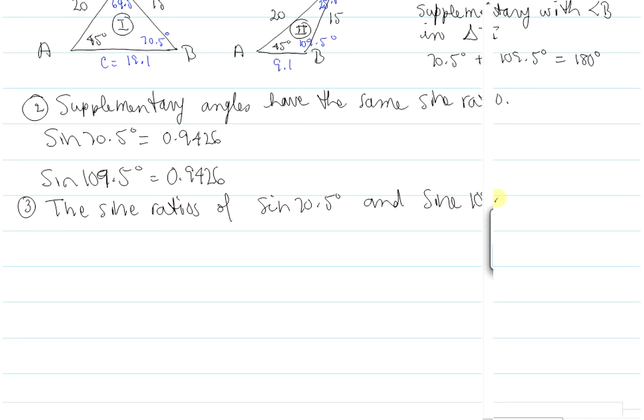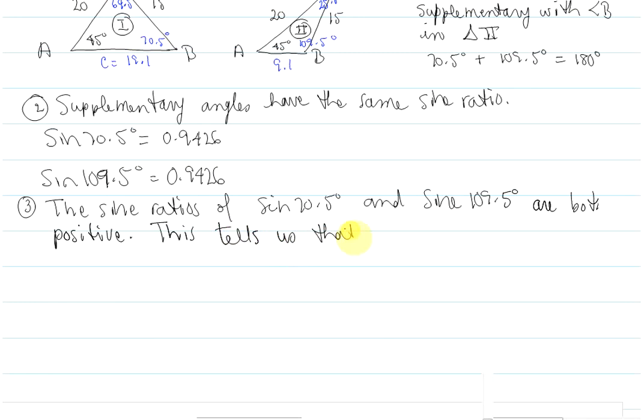Both of them positive 0.9426. So what does that tell us? That tells us that these angles are in the first and the second quadrant, okay? And also that 70.5 degrees is the reference angle for 109.5 degrees.